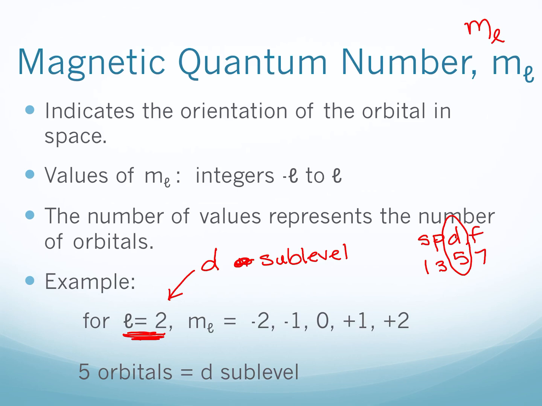So there needs to be 5 sublevels. m sub l is going to range from negative 2 to positive 2, negative l to positive l. So we write out those numbers: negative 2, negative 1, 0, 1, 2. And if we count them all up, 1, 2, 3, 4, 5, that gets us our 5 d sublevels. So when it says from negative l to positive l, you're just going to write out the numbers from negative to positive, and that's going to tell you all of the orbitals that there are. But it should always add up to the number from SPDF.